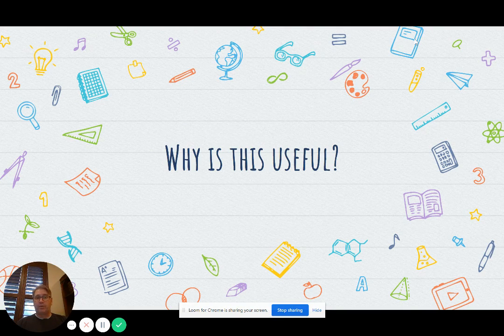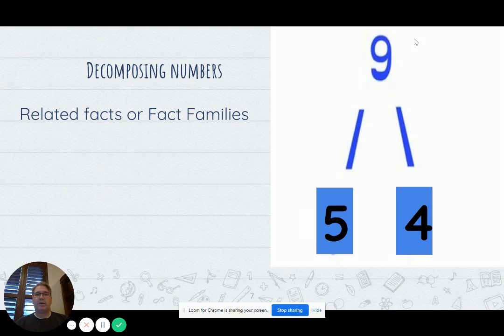So why is this useful, you might ask? Well, another way that we didn't discuss in part 1 of decomposing is related facts, or fact families. You can see with the flow on the right-hand side of the screen, 9 minus 5 equals 4.